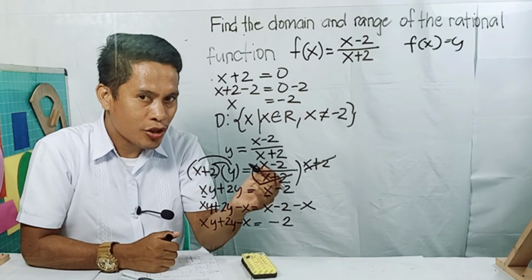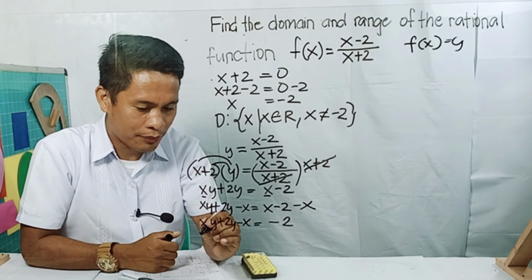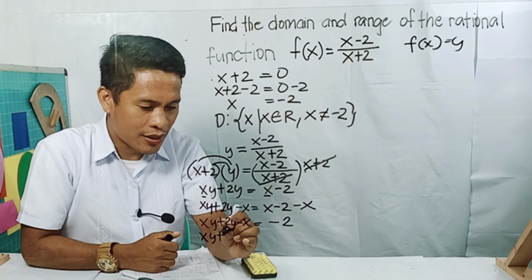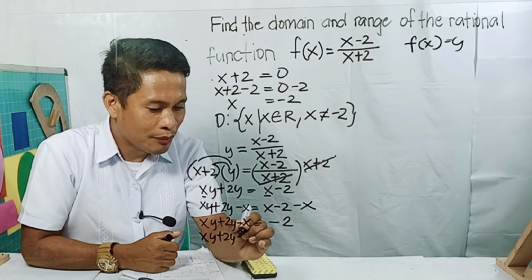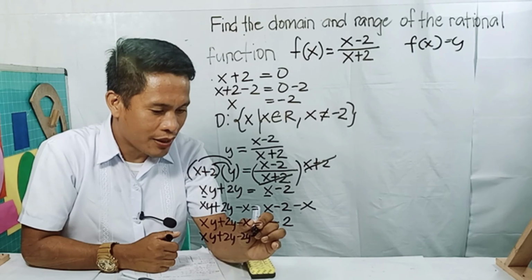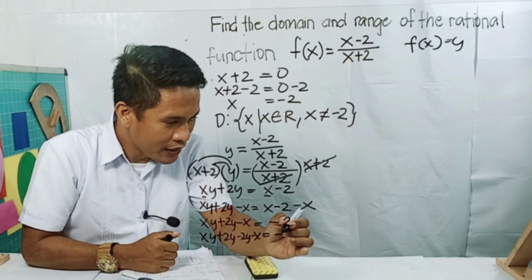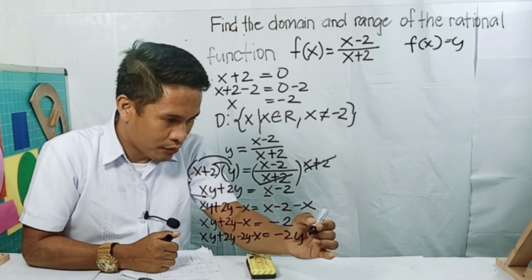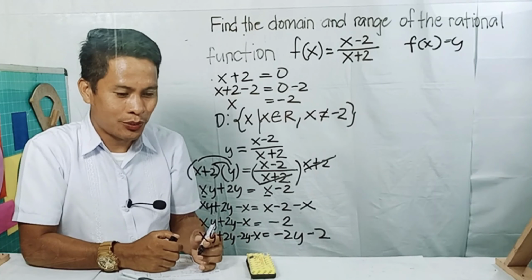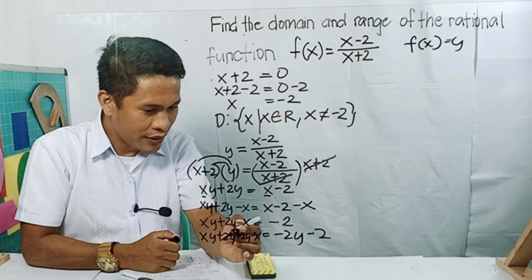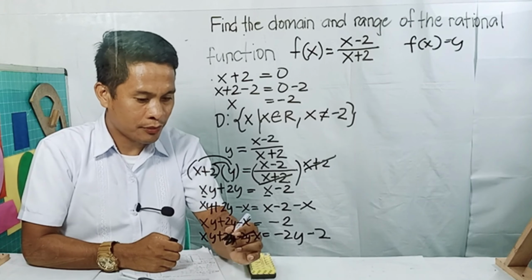let's apply subtraction property of equality. So xy plus 2y minus 2y minus x equals negative 2y minus 2. 2y minus 2y is 0.